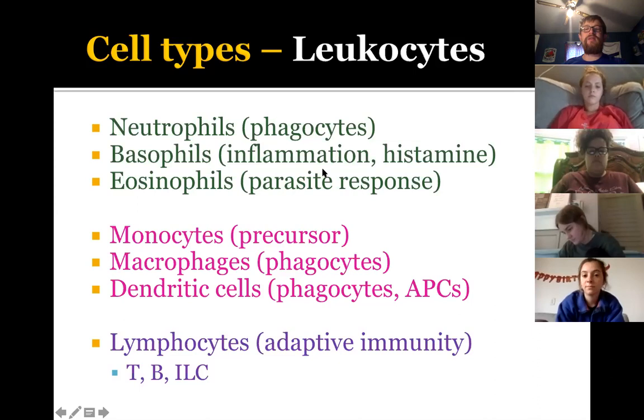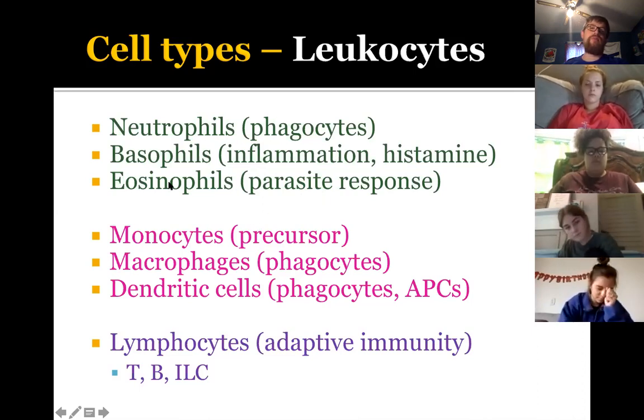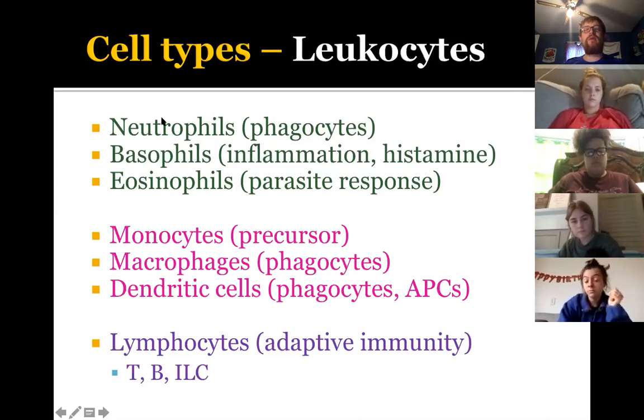Basophils: inflammation, histamine, parasite response. So if you guys have any type of allergies, these are actually two of the cells that play an important role in the allergic reaction.